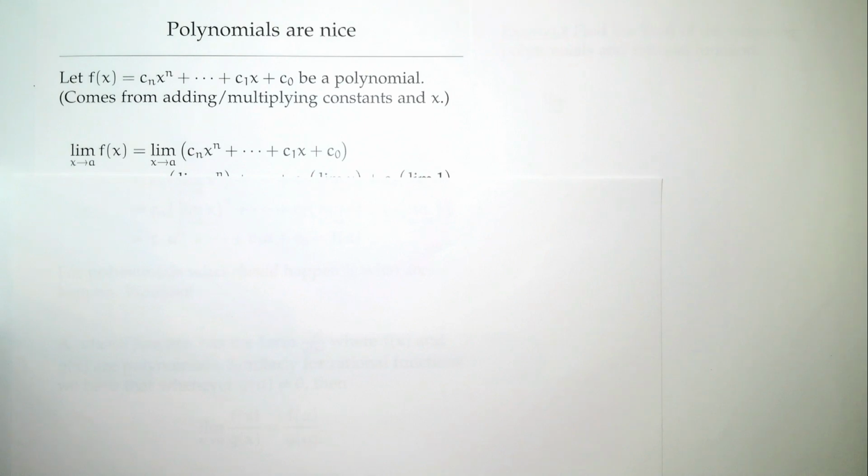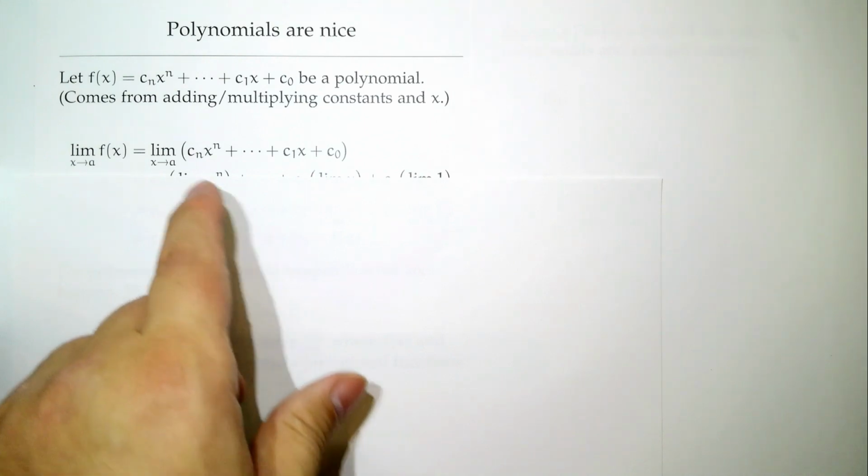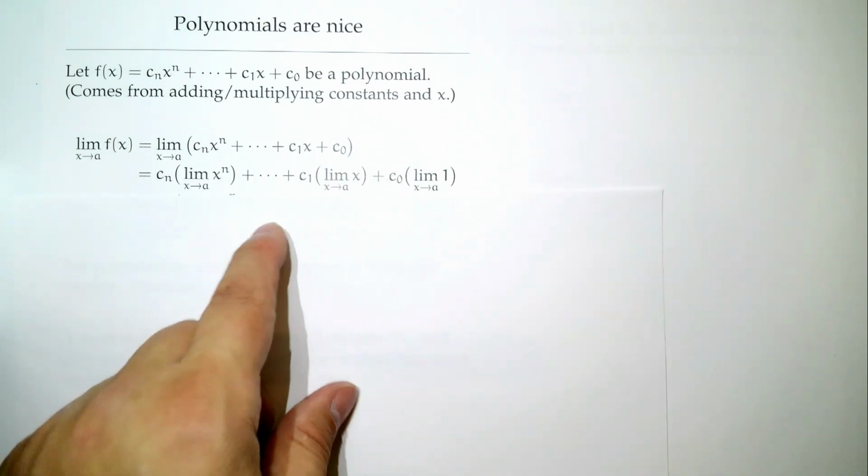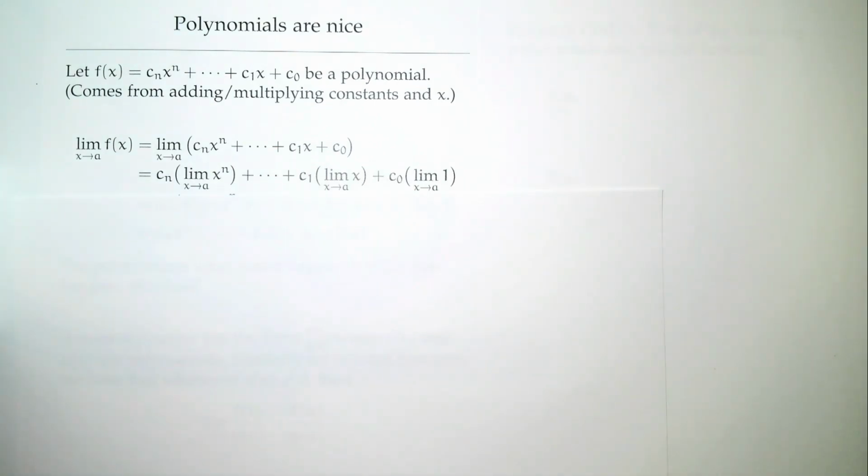Well, f of x is a polynomial. Now, I can use the fact that limits respect addition, and I can pull out constants. That was the word linear. So I can break up my limit as the sum of a bunch of little limits.